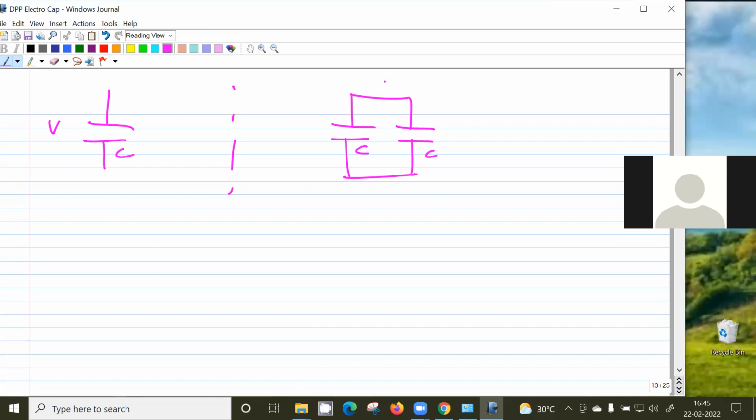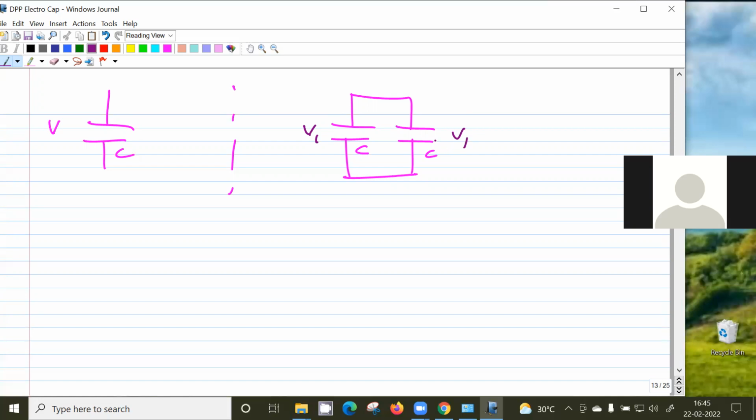So in this final situation, what will be the potential drop across this capacitor? Is it V? Oh, no, why will it be V? It will be some other different voltage. But across these two it will be the same, V1 and V1.